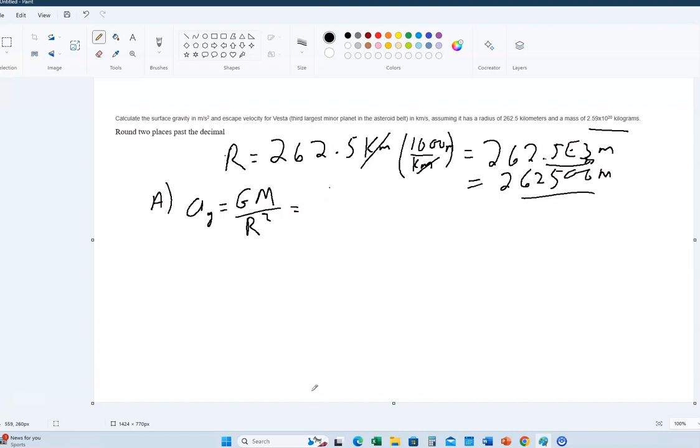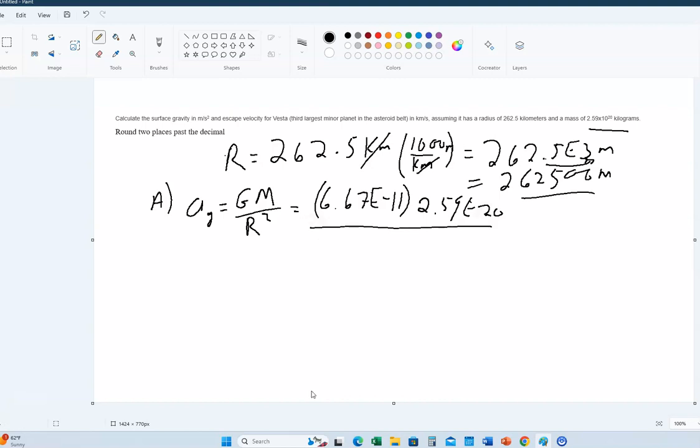All right. Let's write the numbers. So it'd be 6.67, that's what it always is for big G, times 10 to the minus 11th. Right, there's big G. And the mass of this is 2.59 times 10 to the 20th kilograms.